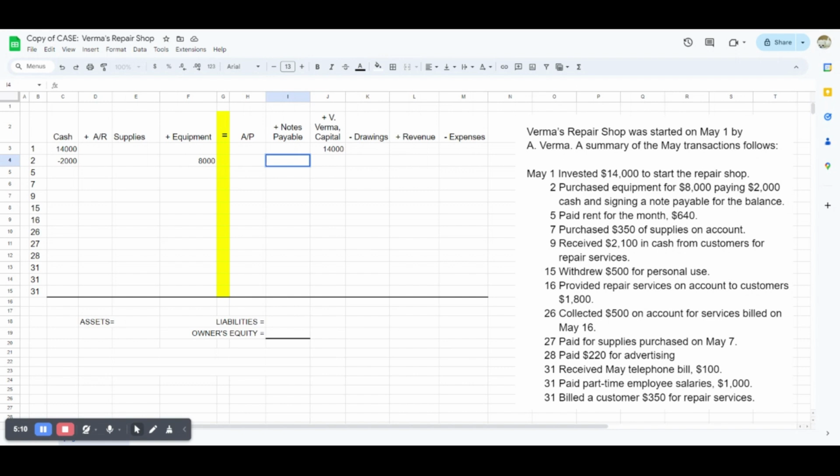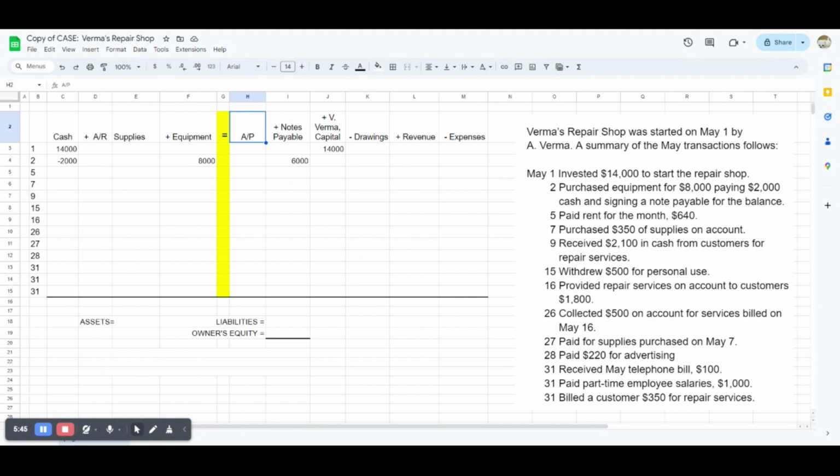So how much do you owe? That would be 8,000 minus 2,000, so you owe $6,000. Another way you can think about this is you know that the two sides have to equal. If you just look at the assets, 8,000 minus 2,000 is 6,000. So assets is 6,000, so one of these accounts has to be 6,000.